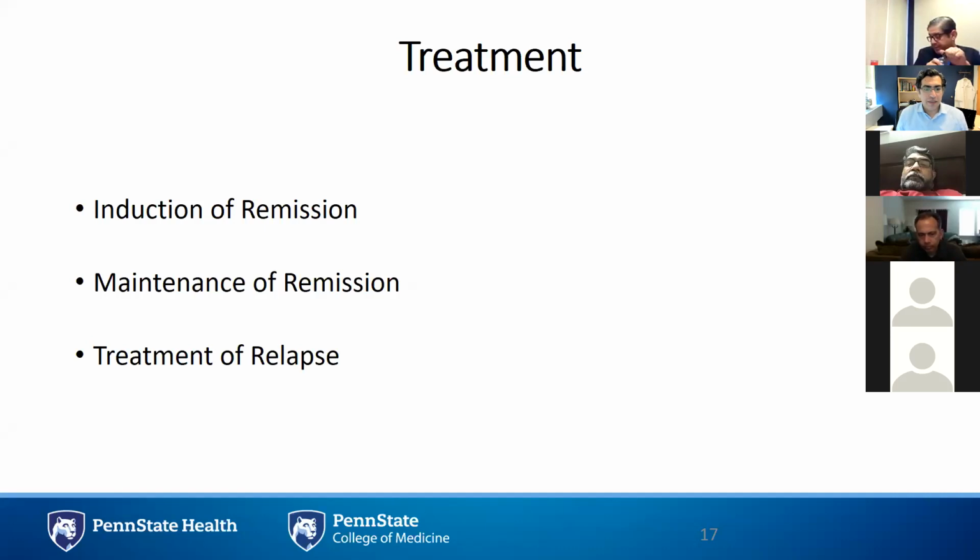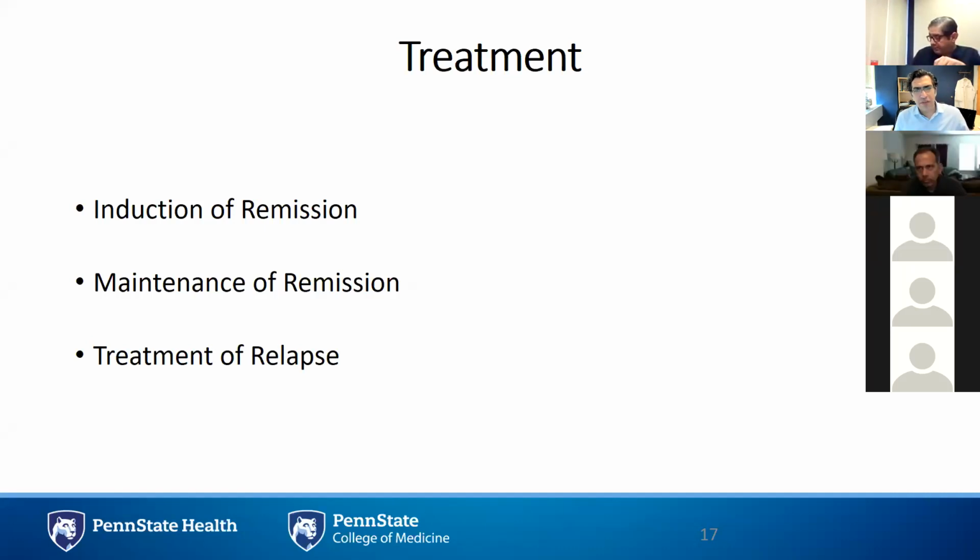So treatment, I think we touched this a few times today, as in, what can I do to bring this active disease down right now? So that is induction of remission. Then the second phase is really, what can I do to maintain the remission or prevent the relapse?